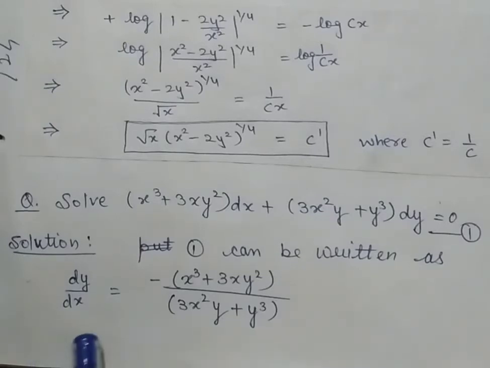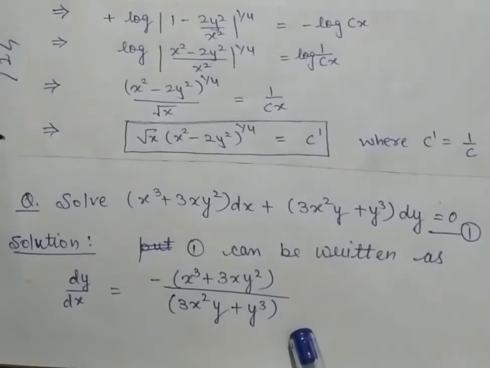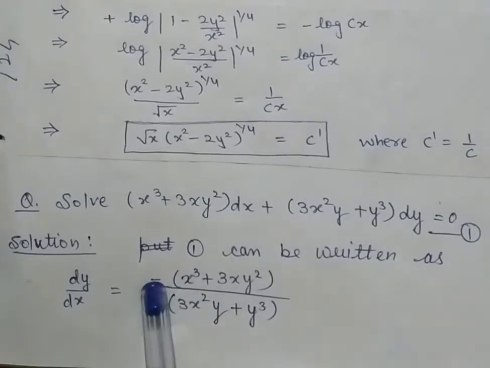Since we have dy by dx, we are writing this equation in the form dy by dx equal to phi of xy divided by psi of xy. So we substitute y by x equal to v, but we have no y by x in this equation. So what we do, we will take the maximum power of x outside, which is x cube here, and from here we will take x cube to cancel this x cube in the numerator.